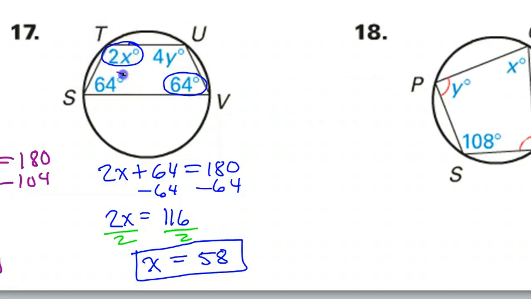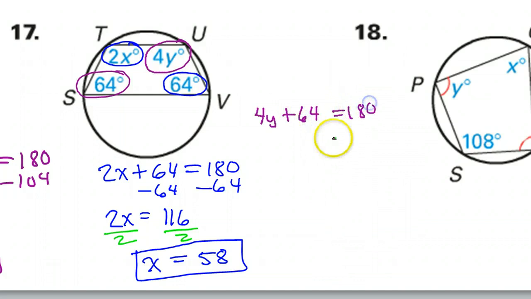Now let's go ahead and find the y. Again, these should be supplementary. They should add up to 180. So 4y plus 64 should equal 180 degrees. Again, subtracting 64 from both sides, that will give me 4y is equal to 116.